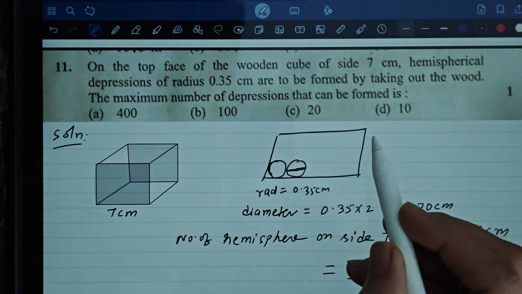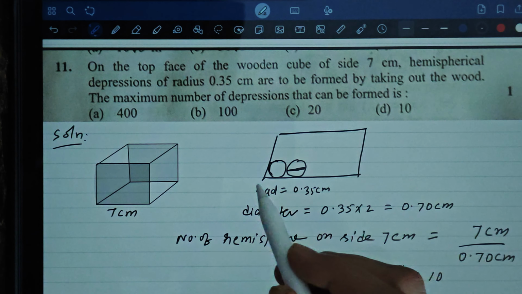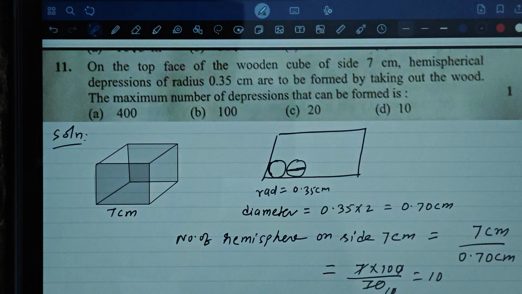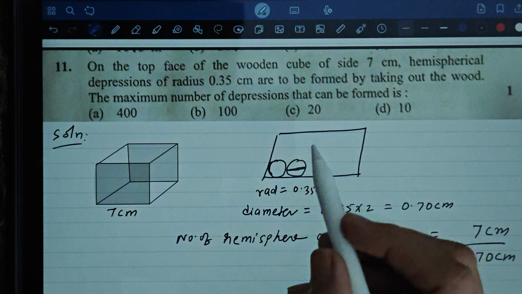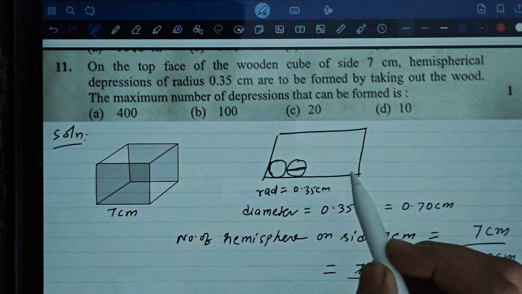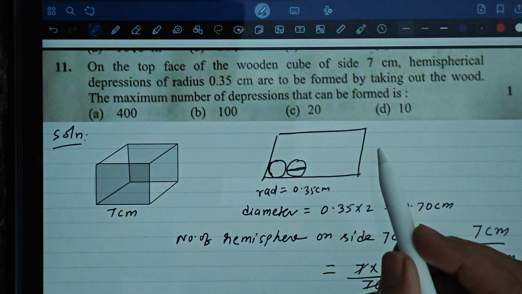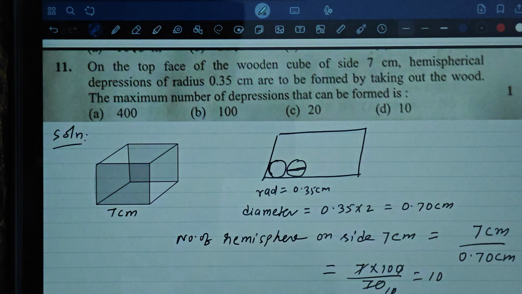So similarly on this line also, this is lengthwise, this is breadthwise. So here we will get 10 cutouts of hemispherical wooden block, and here also you will get 10 cutouts of hemispherical cutouts.